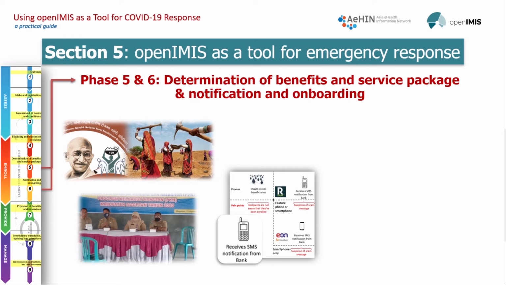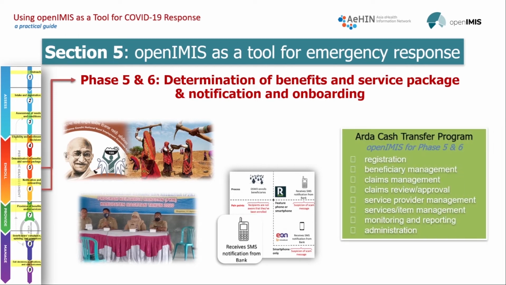As for our scenario, the local government has already identified the benefits and service packages for the ARDA program, which is your cash transfer. However, we have decided that the amount of cash will depend on the poverty status of the beneficiary if we take a look back on our Phase 4 box.